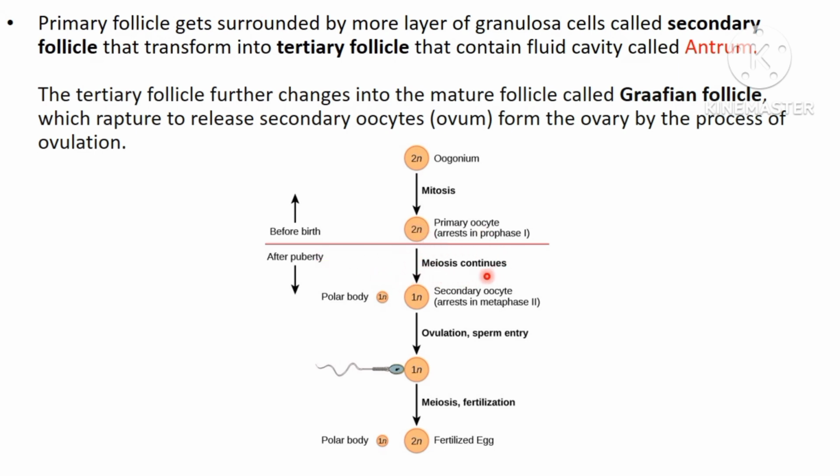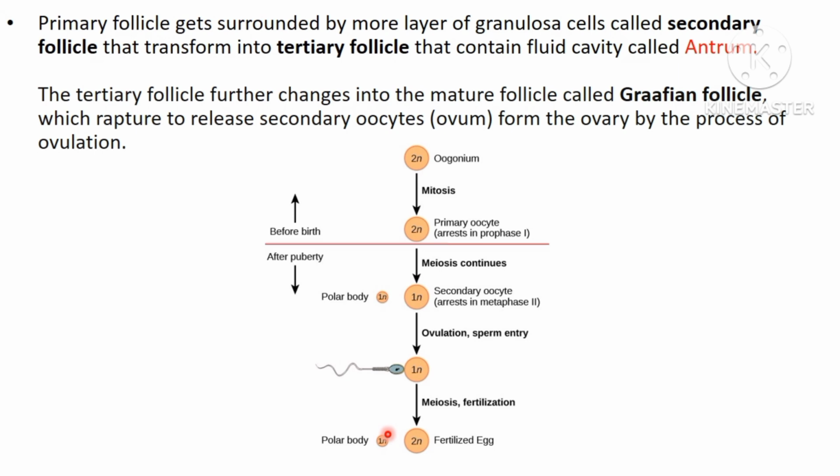Then this secondary oocyte is arrested again in metaphase 2, which is released when sperm comes and fertilizes the ovum. The secondary oocyte forms the ovum and the second polar body, and oogenesis is completed after fertilization.